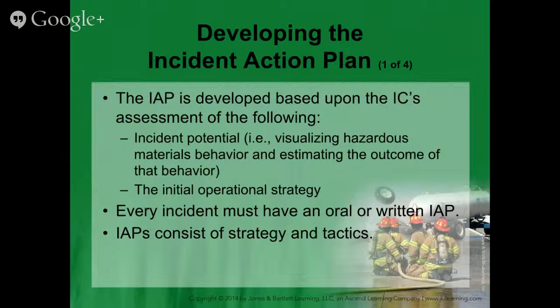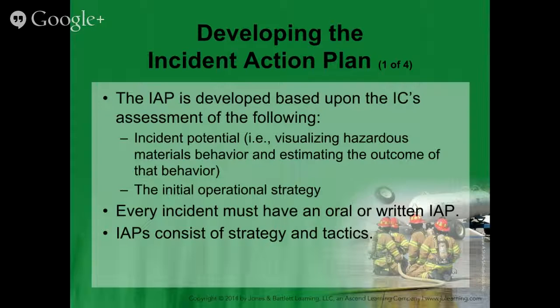So we need to develop an incident action plan, and it's based on all the assessments that we've done. We've gone out and gathered all our information, and we've analyzed it: what's good, what's bad, what's going to hurt us, what's not, how can we proceed.